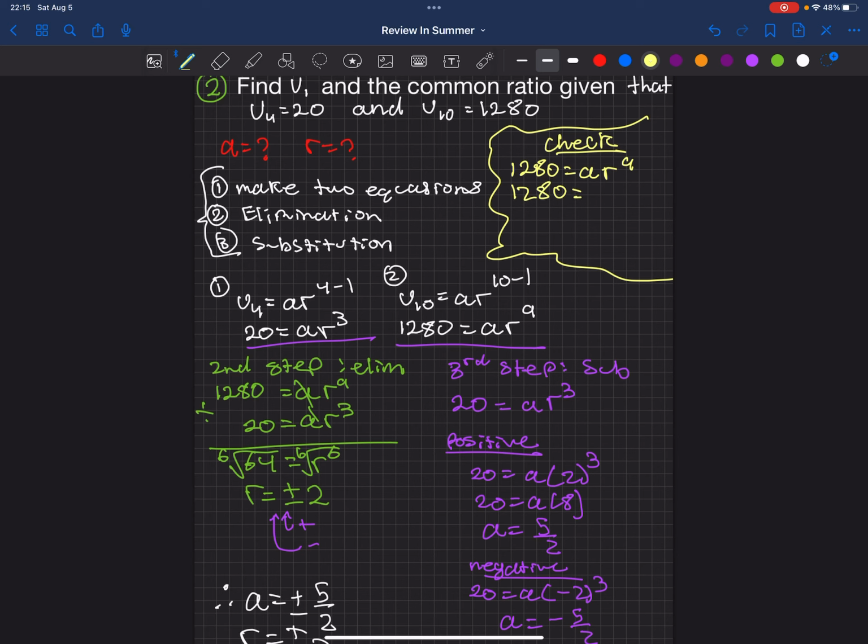The value a is, let's do the positive one, 5 over 2, and then the value of r is just 2. So it's going to be 2 to the power of 9. If we use our calculator, 2 to the power of 9 times 5 divided by 2 gives us 1,280. So that's correct. Now let's do the negative option, see if that works.